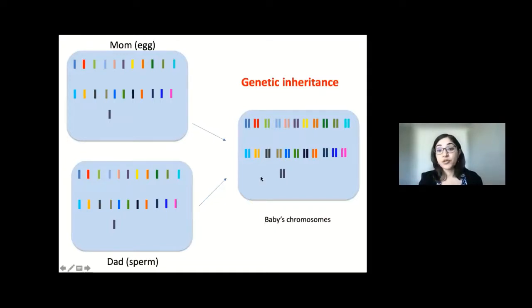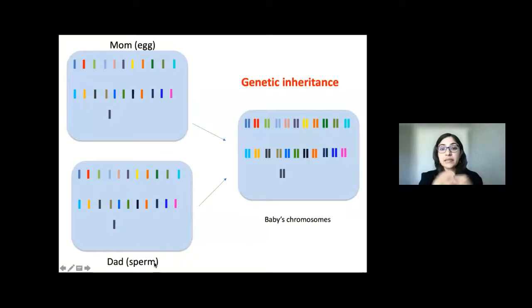And that's because we don't want our babies to keep accumulating, right? So in this case, the egg has 1 of each chromosome. The sperm has 1 of each chromosome. Chromosome 1 here from mom, chromosome 1 here from dad, and so on and so forth.